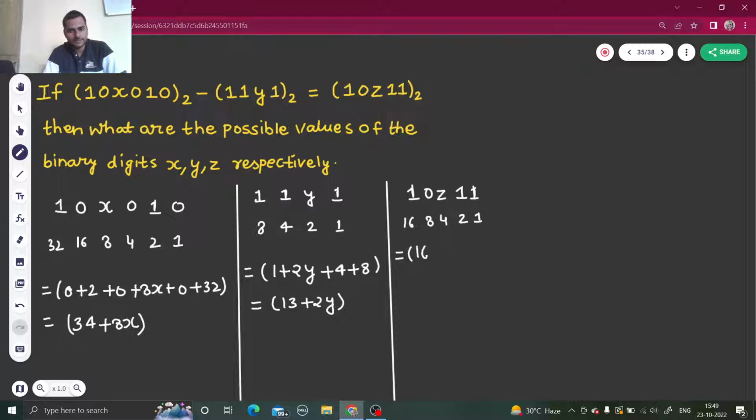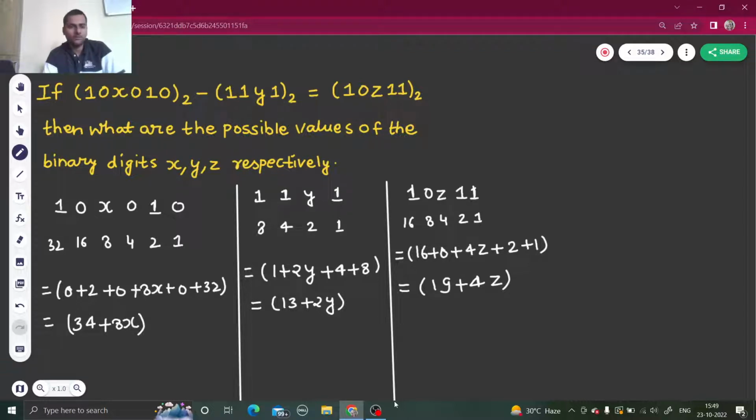So this is 16 plus 0 plus 4z plus 2 plus 1. So this is 16 plus 2, 18, 19 plus 4z.